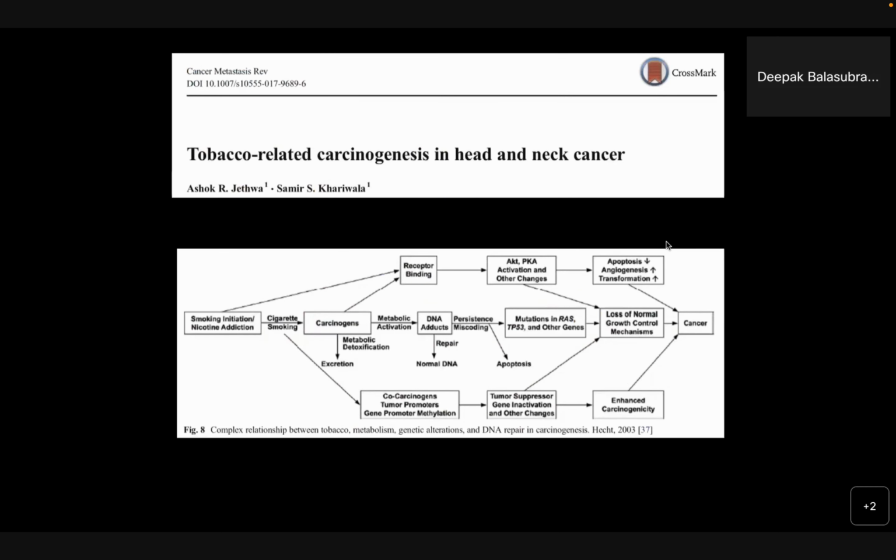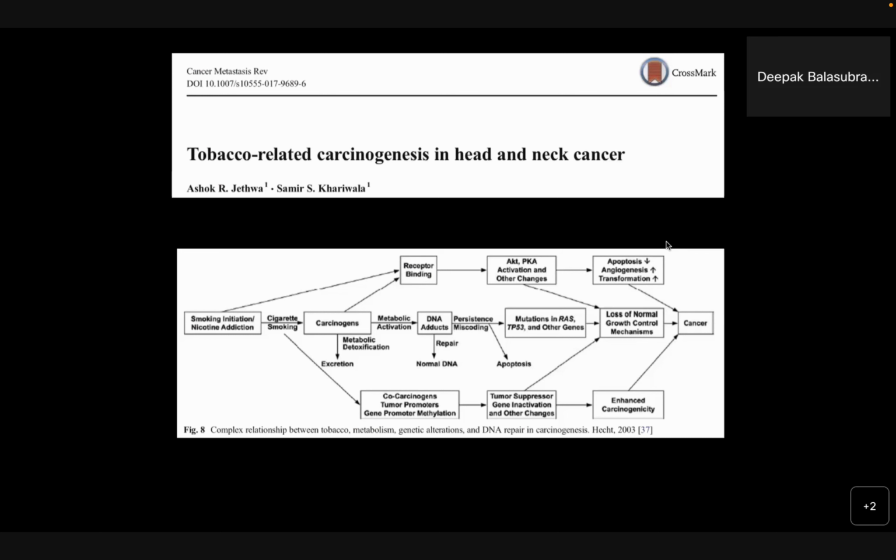Now, looking at tobacco-related carcinogenesis in head and neck, which is the most common exogenous factor. So you know that there are carcinogens, and in tobacco smoke or any other form of tobacco, there can be two outcomes of the metabolism of these carcinogens. There can be metabolic activation, or there can be metabolic detoxification.